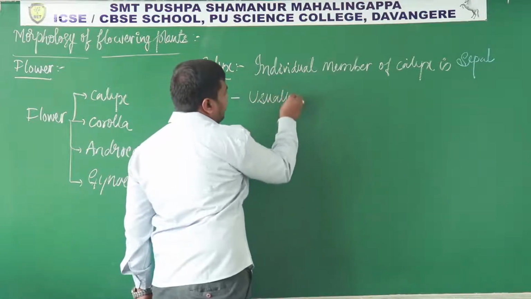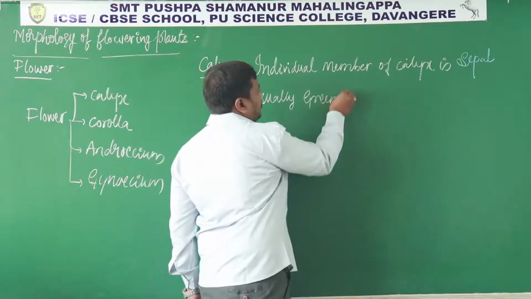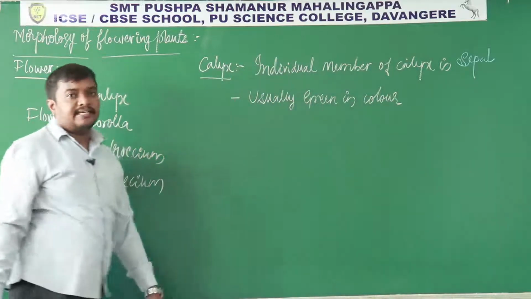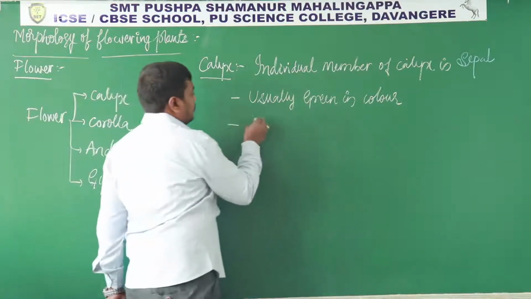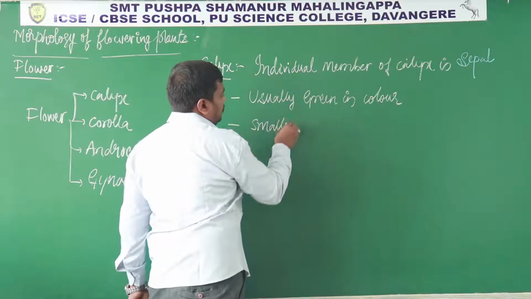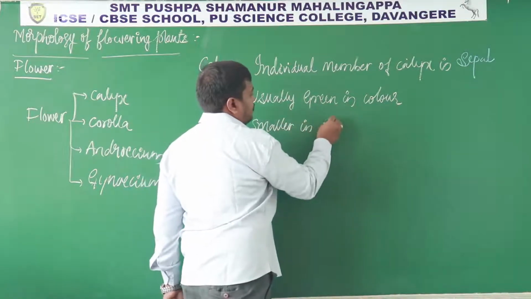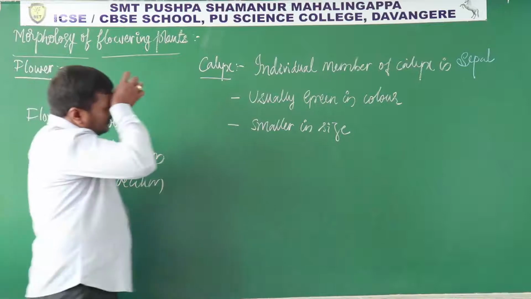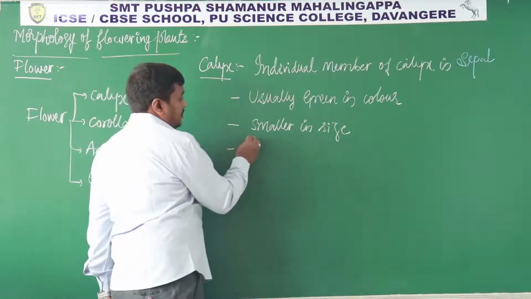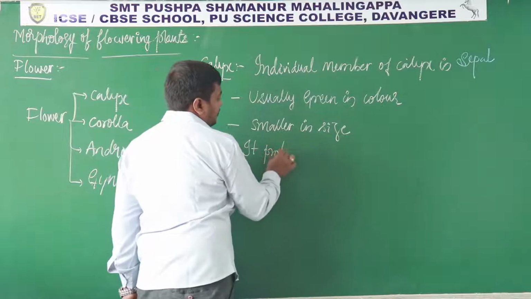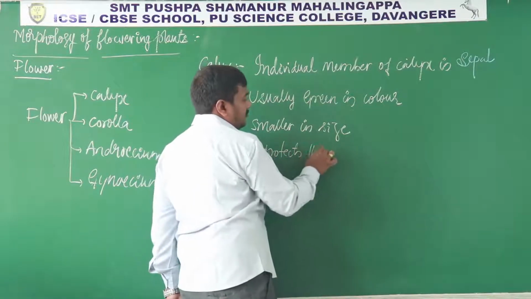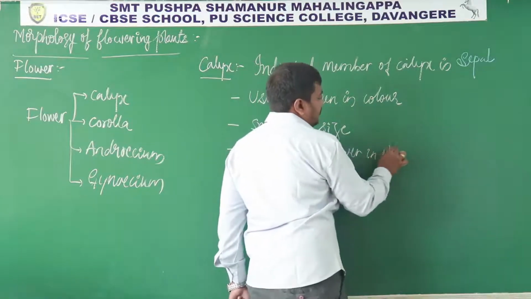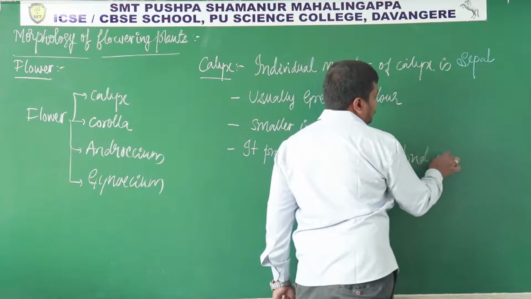It is usually green in color and smaller in size. The main function of the calyx is that it protects the flower in its bud condition.